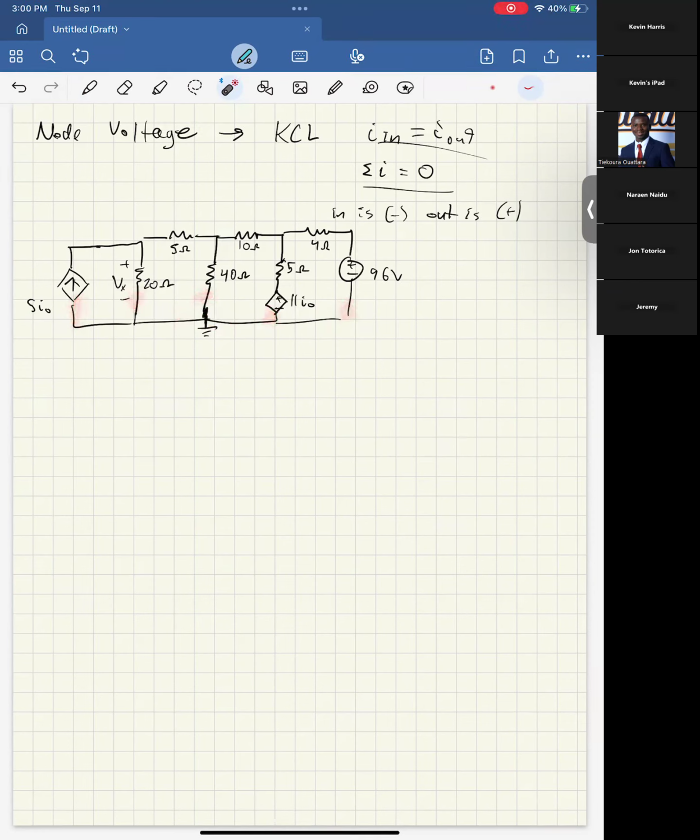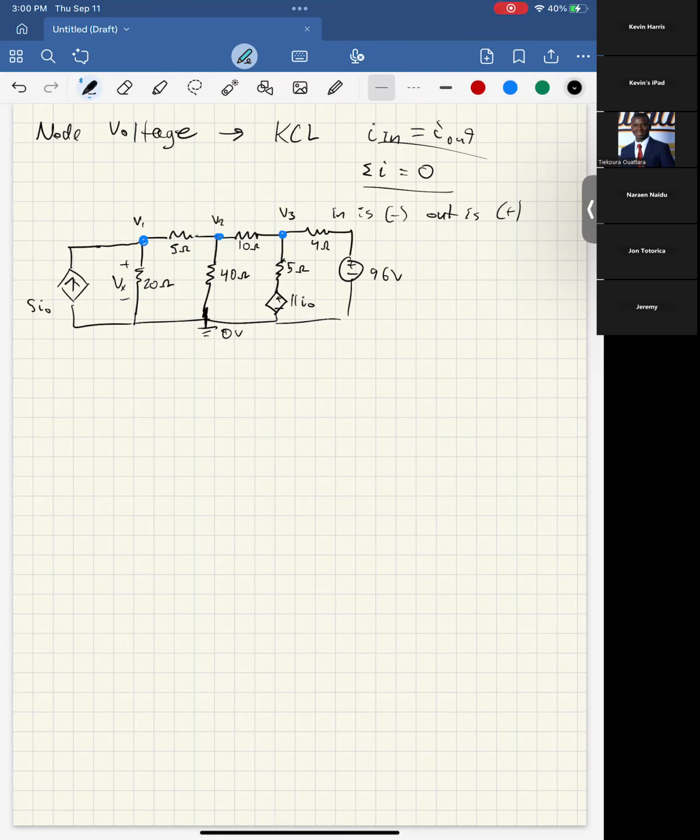That's 5, whereas all the other ones are only touching like 3. So that's why we'd select this as 0 volts. Since voltages are all relative, you could pick anywhere, but this is generally going to be the easiest way. Then for the other nodes in our circuit, we're going to label them V1, V2, V3.